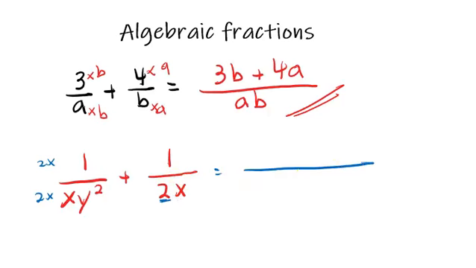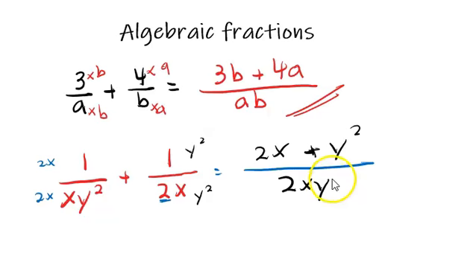So at this side we are going to multiply with y squared at both sides, up and down. So here we'll be having 2x plus y squared, and here the denominator, you'll be having 2xy squared. Okay, so this is your answer.